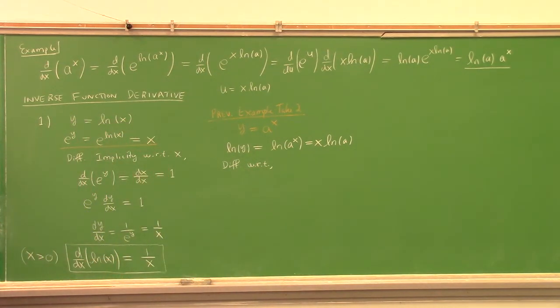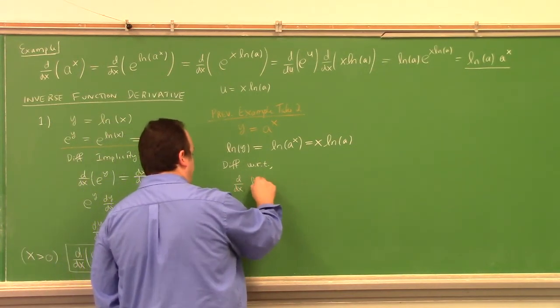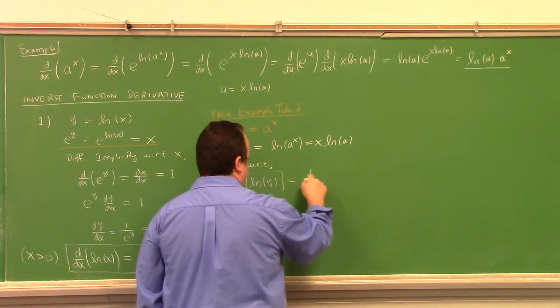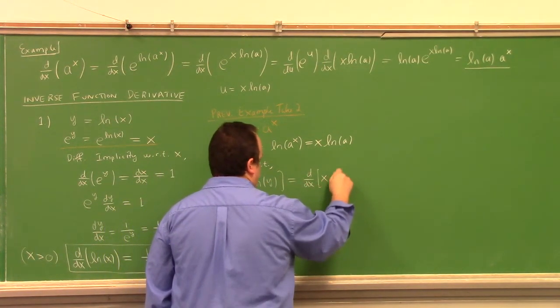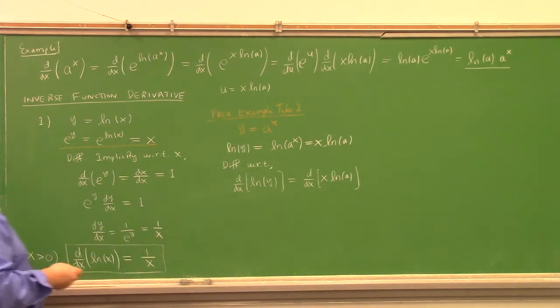But if I'm differentiating with respect to x, what do I have to do here? Natural log of y, right? That we're differentiating with respect to x, but we have natural log of y.